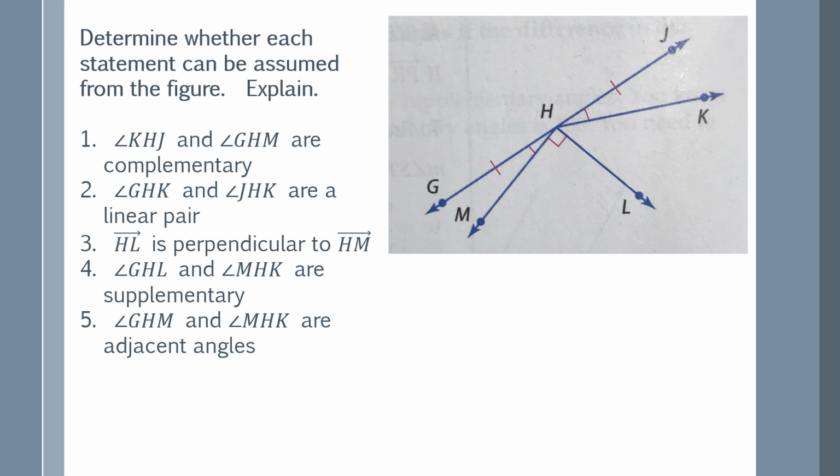So KHJ, that's this angle right here, and angle GHM. Well, are they complementary? I don't know. There's no value there. Now they're congruent, but I cannot assume they're complementary. So therefore, the answer is no, we cannot make that assumption.